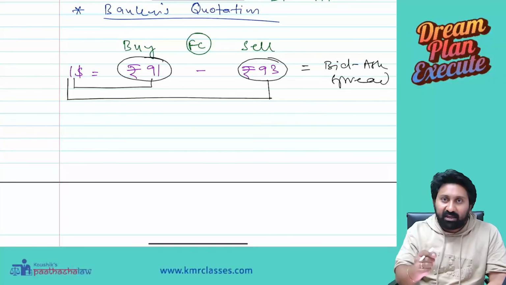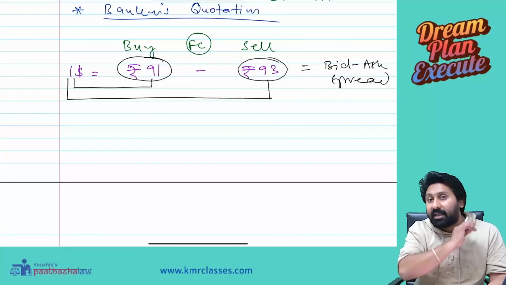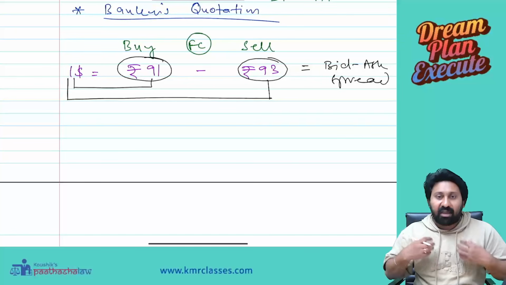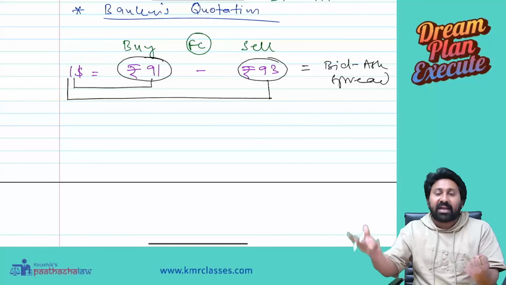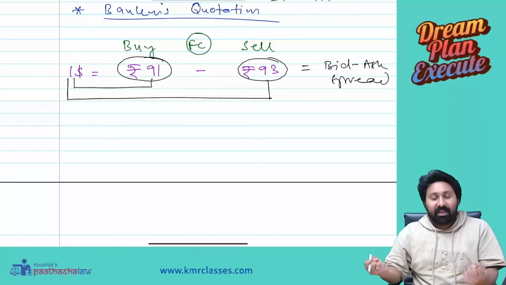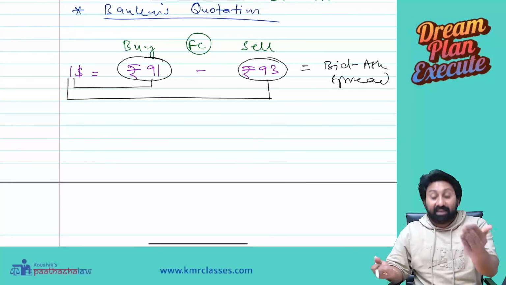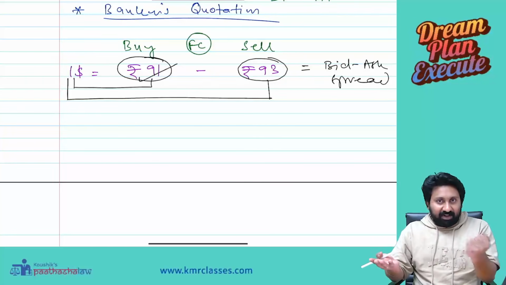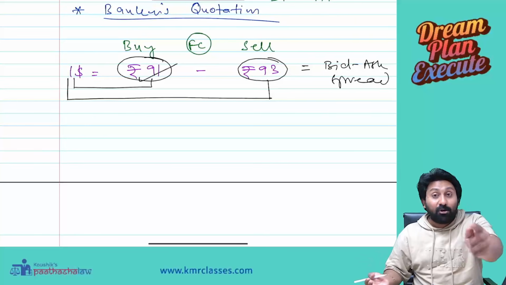In the same way, as the converse of this statement, the customer can never make a profit in a given transaction. I have a left hand and a right hand. In my left hand, I have $1. In my right hand, I have rupees. I gave the dollar from my left hand to the banker, and the banker gave me 91 rupees. Why? I am selling and the banker is buying, and the bank buys at the lower rate, the bid rate.